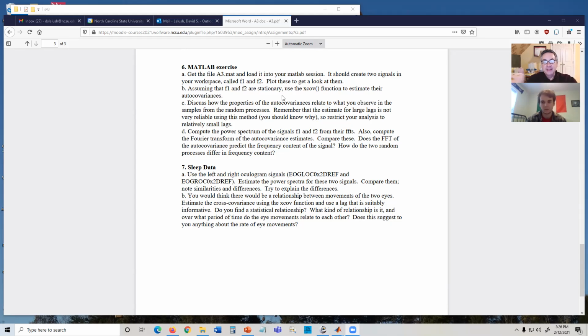Now you can limit. There's an option in XCOV called max lags that tells you you can limit the maximum number of lags that it uses to a smaller number, but it's still going to give you the positive negative symmetry. Okay. I think I'm trying to understand that.